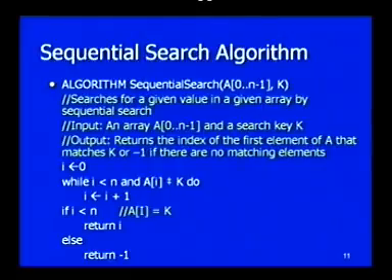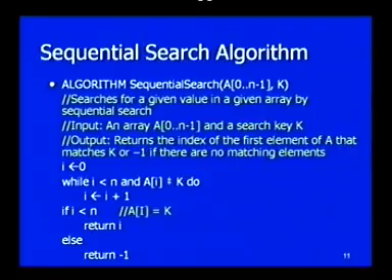So, I said pseudocode is better because the combination of natural language and mathematics can convey the meaning in a better manner. You can see this algorithm is written like this. It has a certain name and you can see the steps. The steps of the linear search are like this.